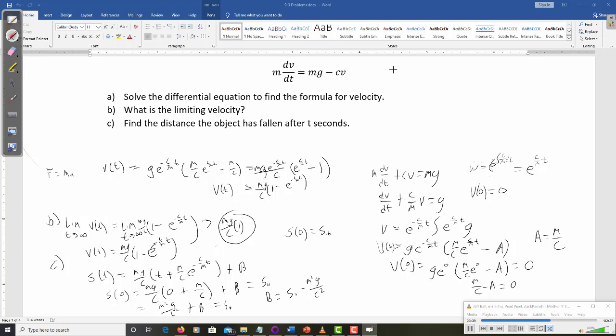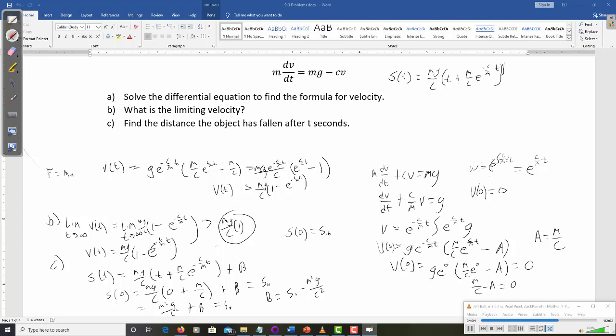So then the position function would be mg over c times t plus m over c e to the negative c over m t.